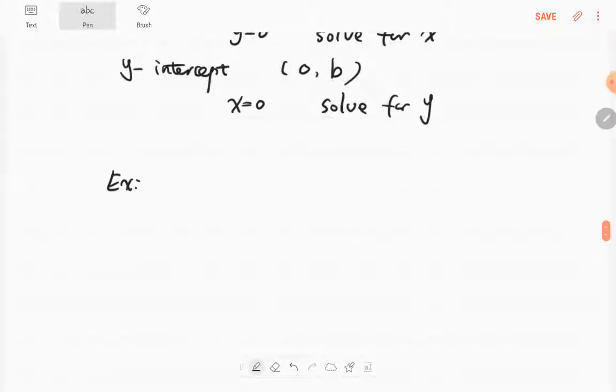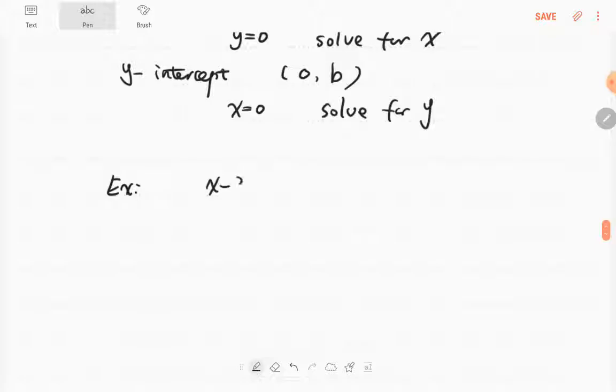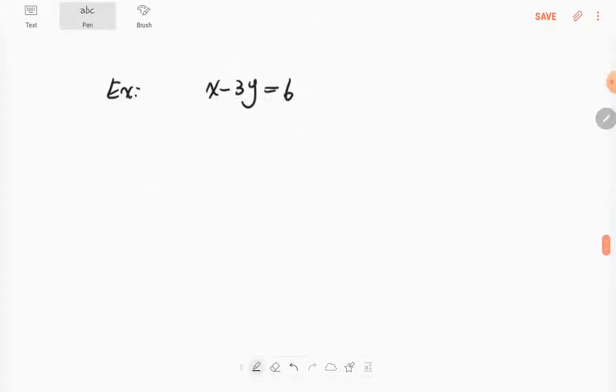So we have this equation, x minus 3y equals 6. We want to find and plot the intercepts for this equation. From here, we get the x-intercept first.